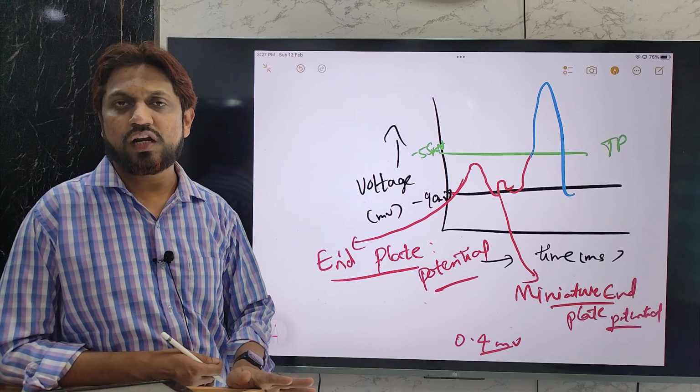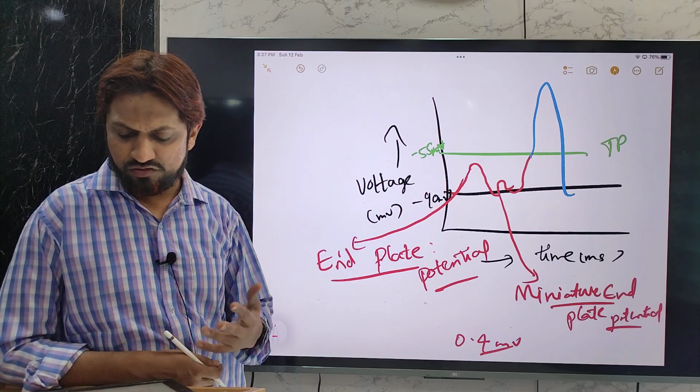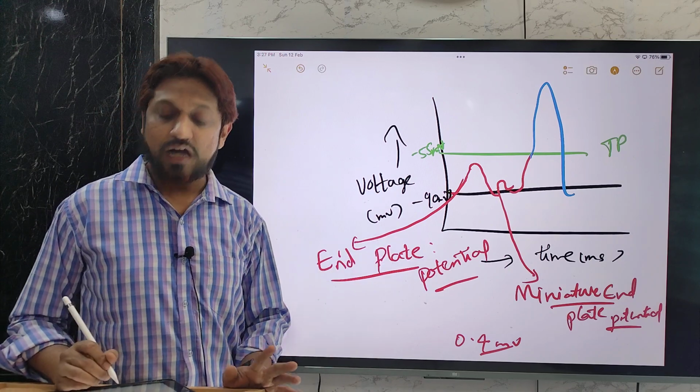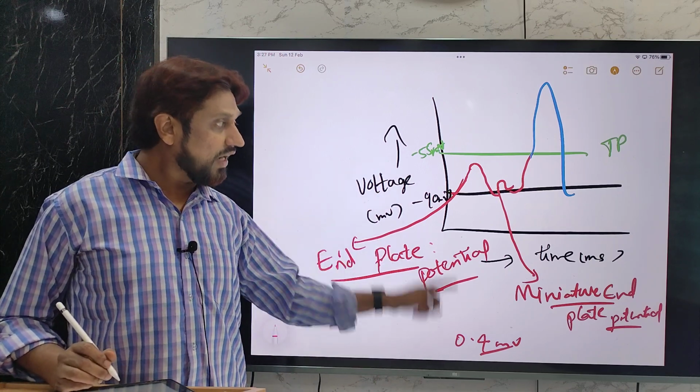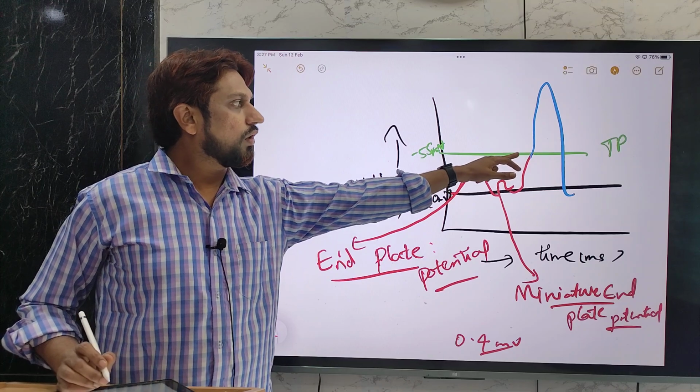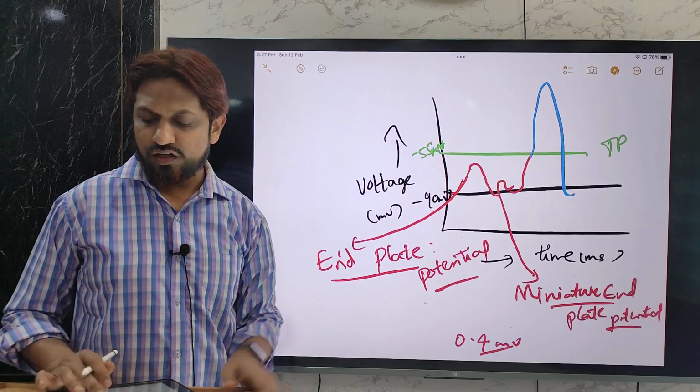Below that there is no electrical current. These miniature end plate potentials sum up to form the end plate potential. And finally this end plate potential can reach the threshold potential and cause the depolarization.